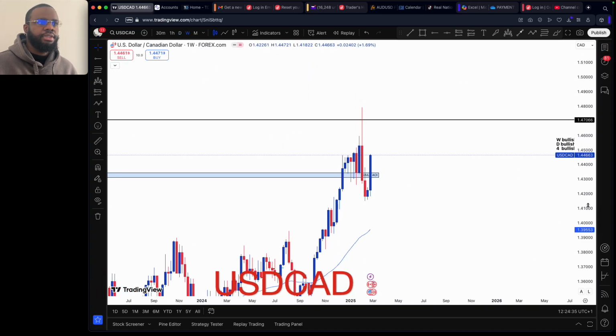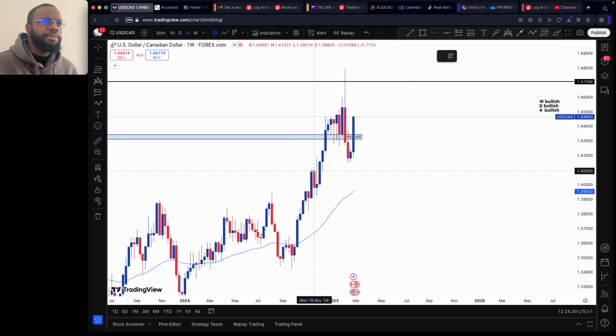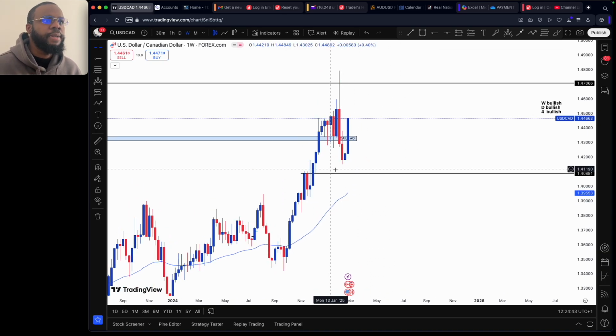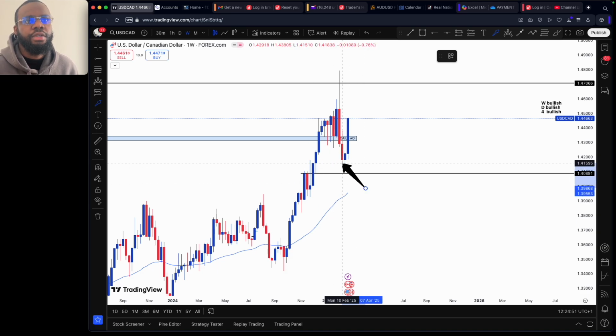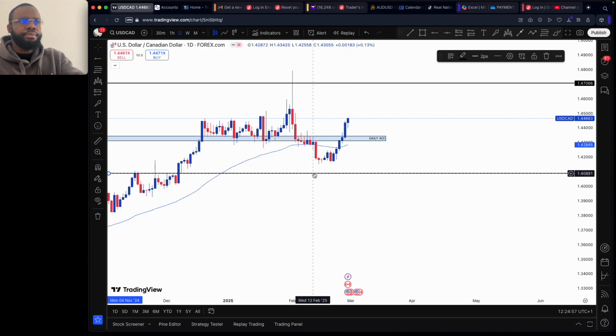USD CAD is still almost the same thing. I was expecting price to retest this weekly support, but as you can see, the price got support off of 1.41595. So we go to the daily.